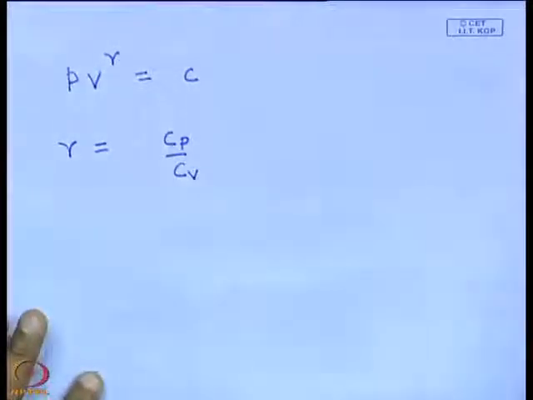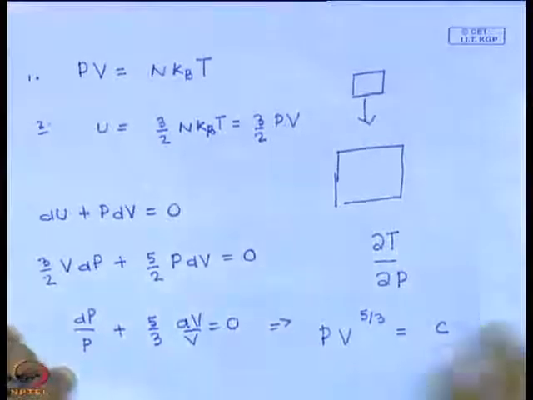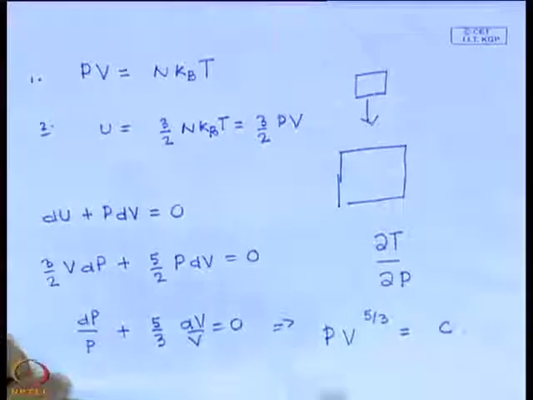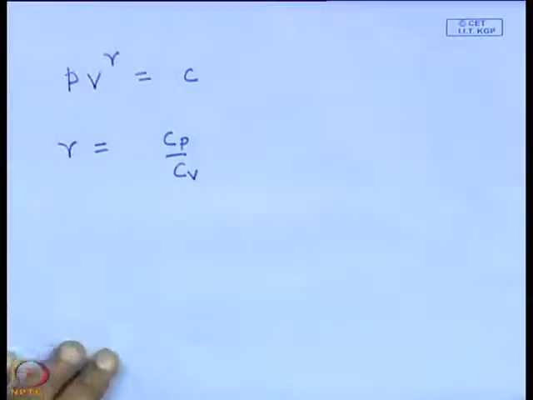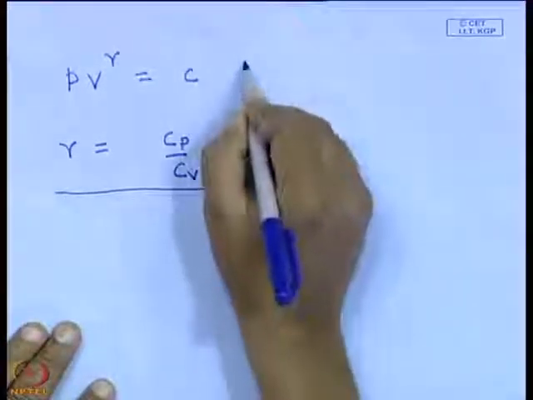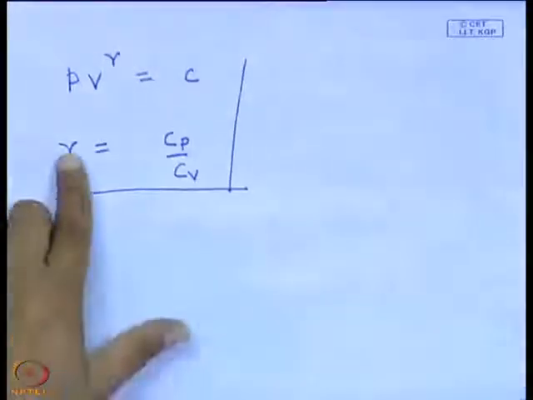And for an ideal gas, we have this, okay, monoatomic ideal gas, single particles. Okay, this is in general for a general adiabatic transformation, and this is called the adiabatic index gamma.